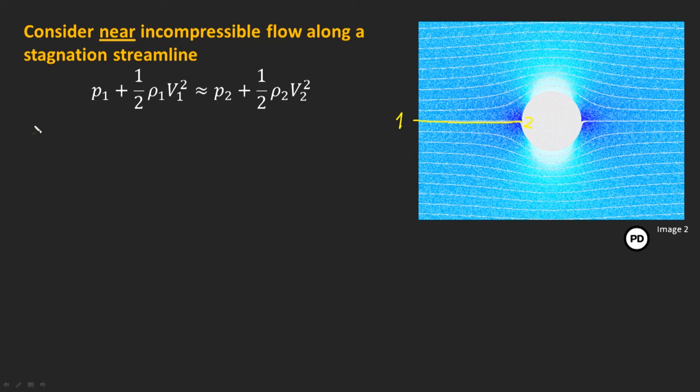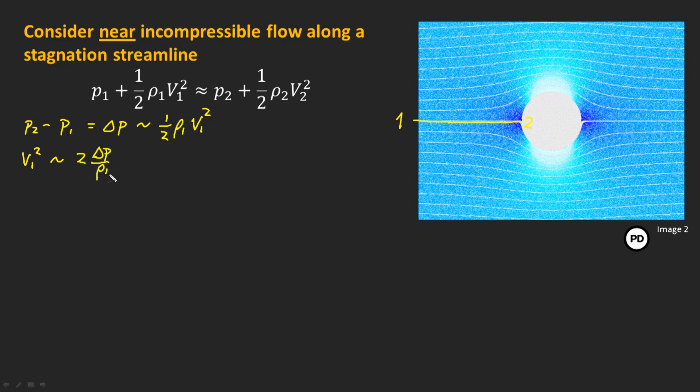Since V2 equals 0, Bernoulli's equation tells us that the pressure difference between states 1 and 2, delta P, is given by 1/2 ρ1 V1 squared. Rearranging this, we find that V1 squared is equal to 2 delta P on ρ1.